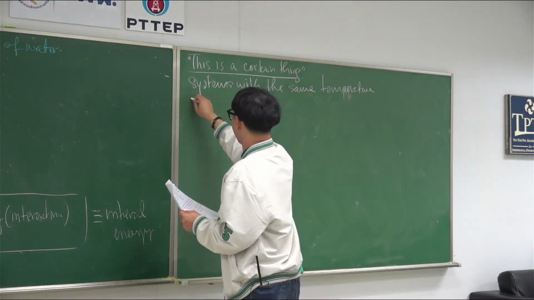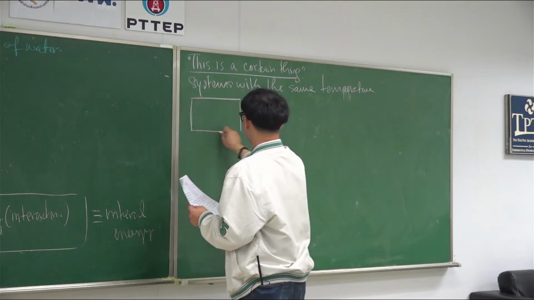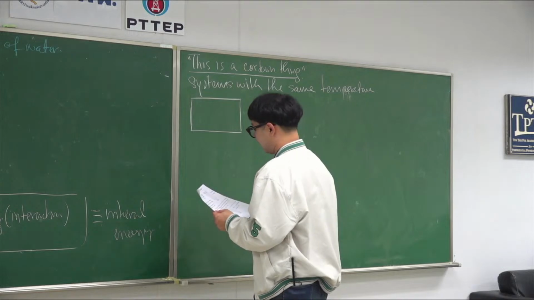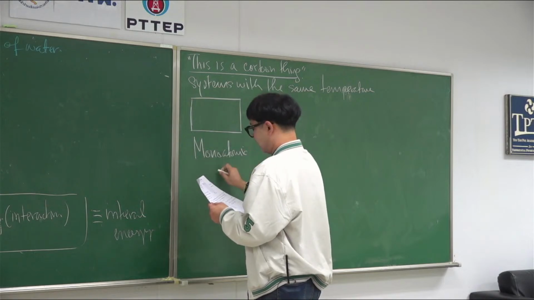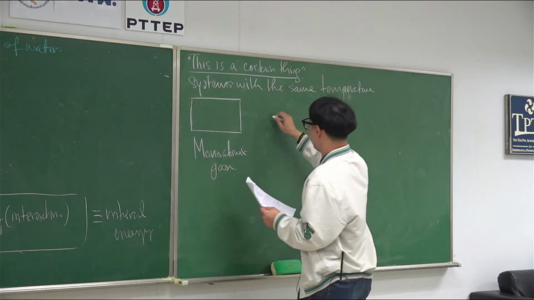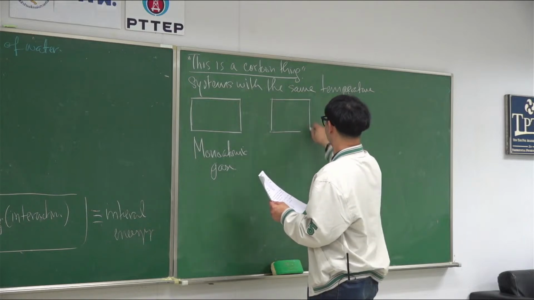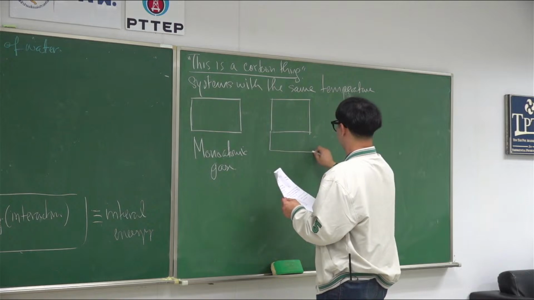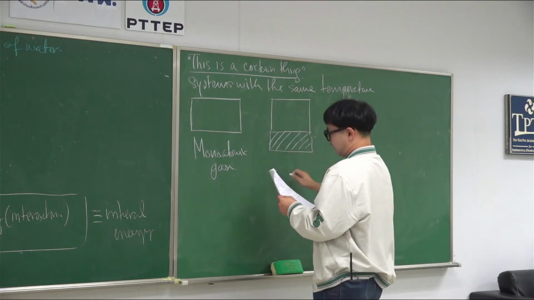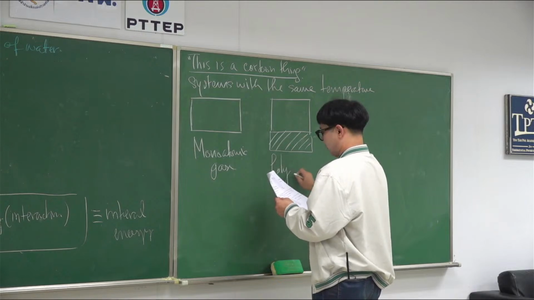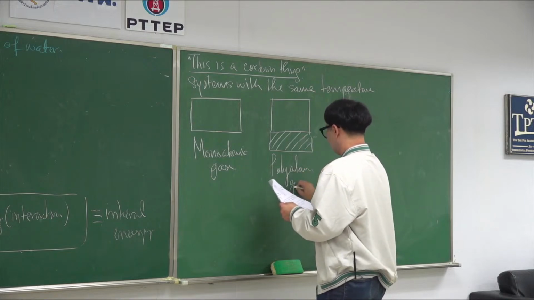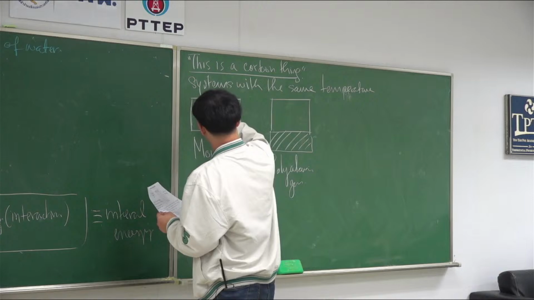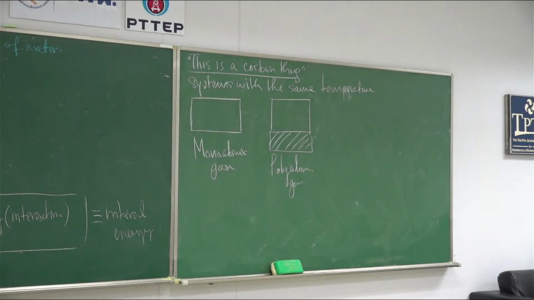So suppose this is a portion of the kinetic energy, like this is for a monoatomic gas. And this is a polyatomic one. So what we need to take into account is only the translational kinetic energy, right?